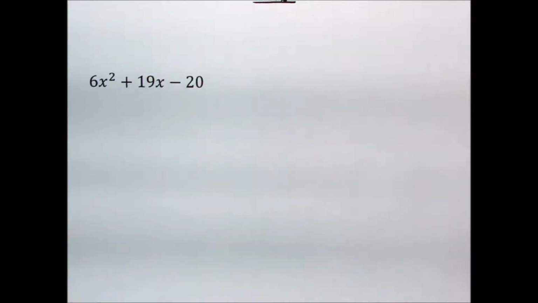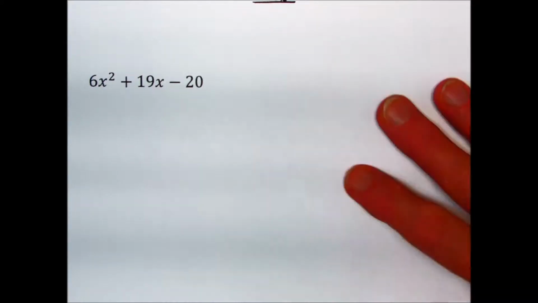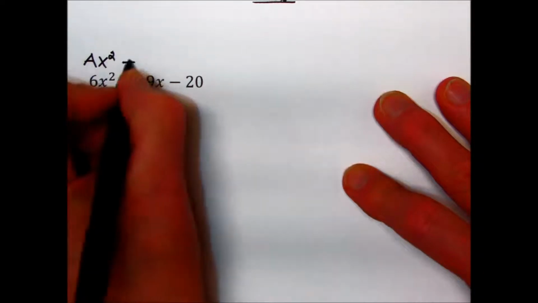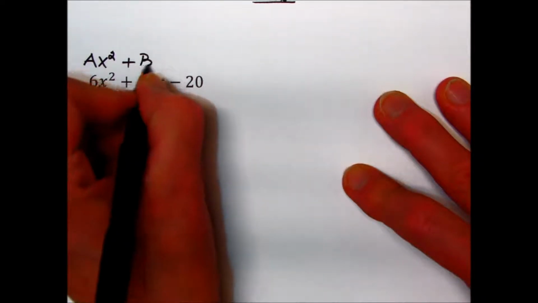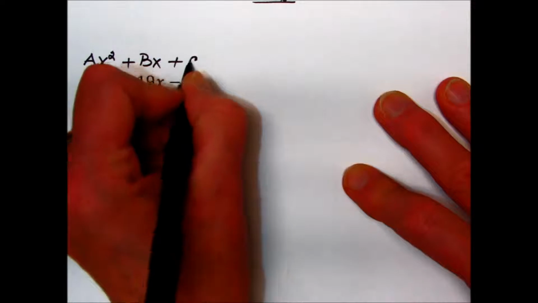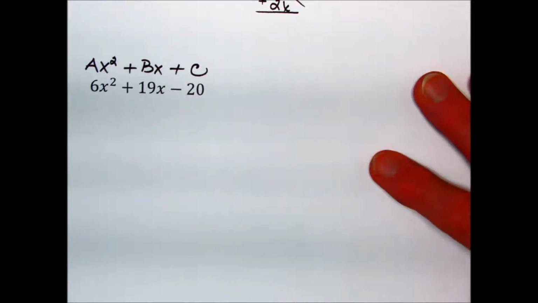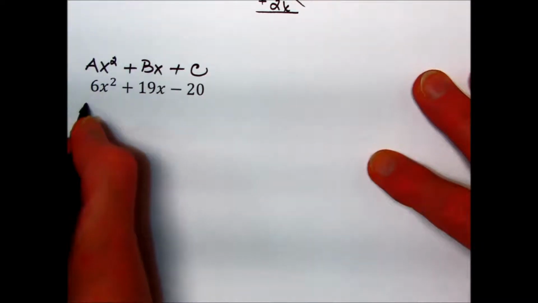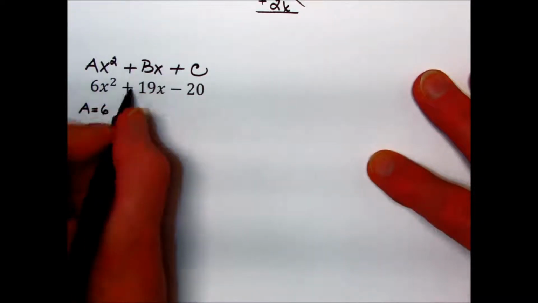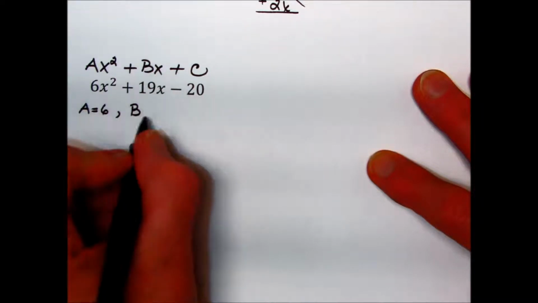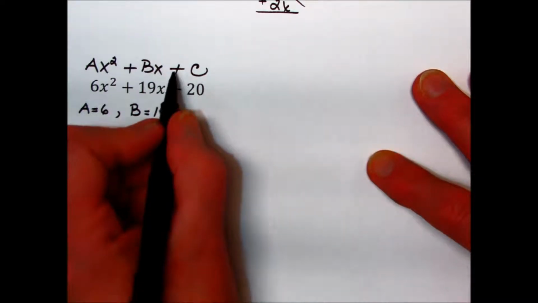So here's where I'm going to jump to the grouping method to factor this, and just to help us with the coefficients, when we have a general form of a quadratic formula, I'm comparing that to this example. A is equal to 6. My signs agree. That means B, the coefficient of our linear term, is 19.